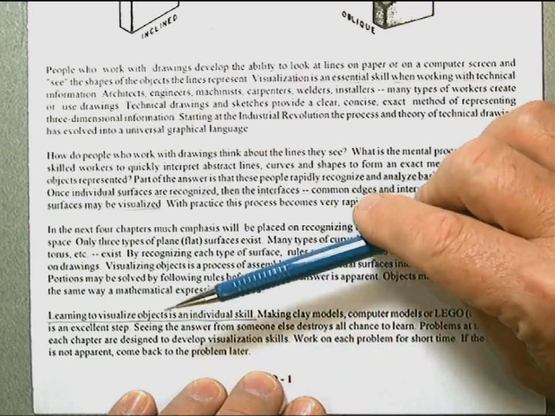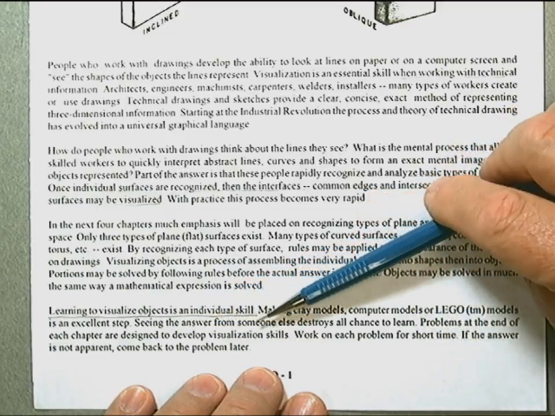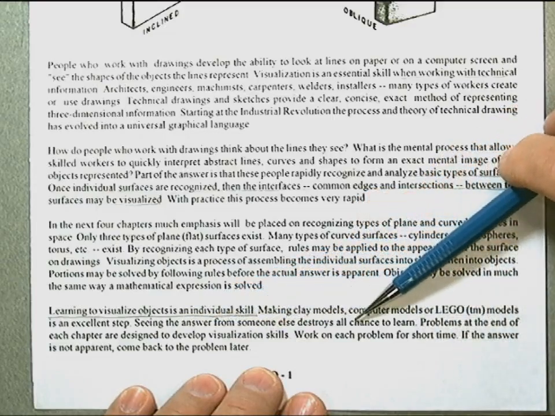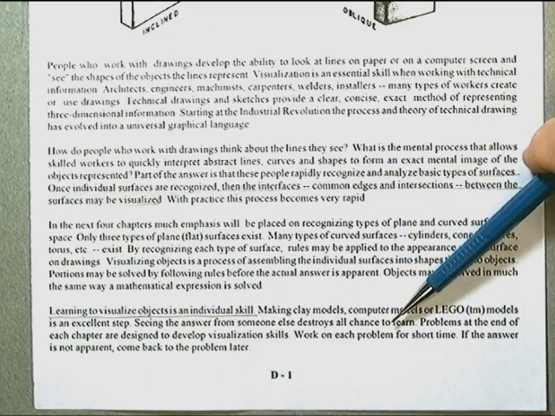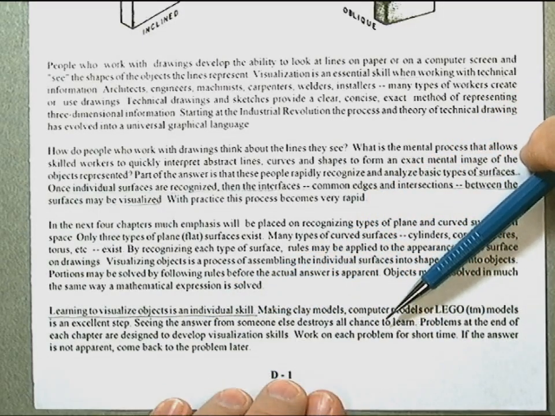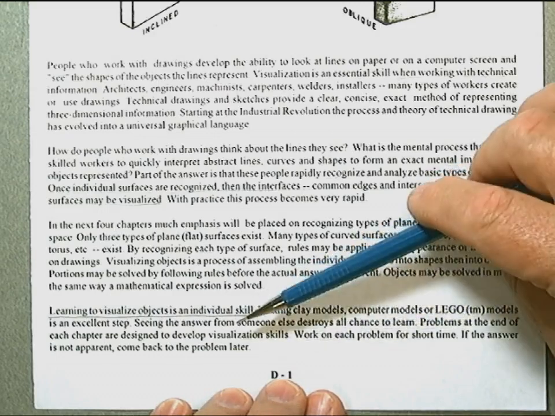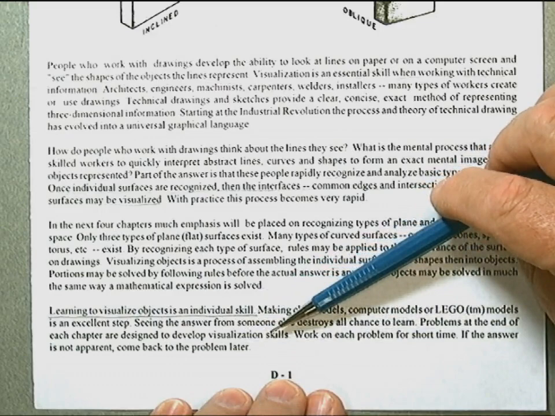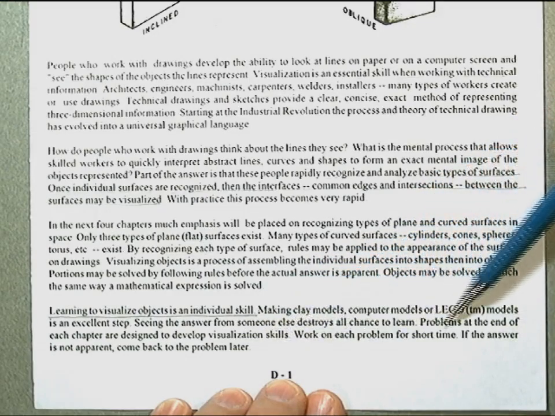Now, this is very, very important. Seeing the answer from someone else destroys all chance to learn, to exercise your spatial ability, your skill. Problems at the end of each chapter are designed to develop these visualization skills. Work on each problem for a short time.